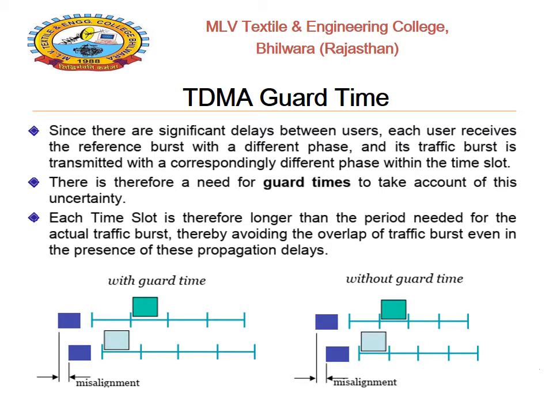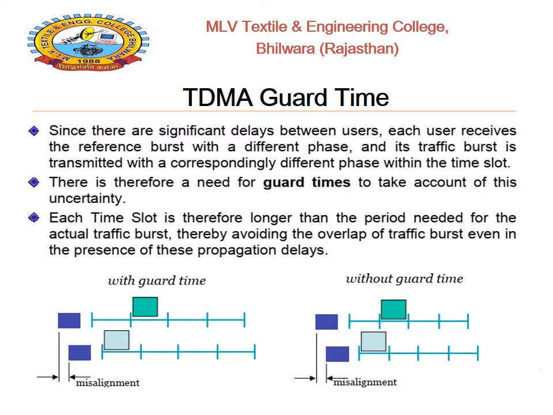Next PPT represents the TDMA guard time. Since there are significant delays between users, each user receives the reference burst with a different phase, and its traffic burst is transmitted with a correspondingly different phase within the time slot. There is therefore a need for a guard time to take account of this uncertainty.